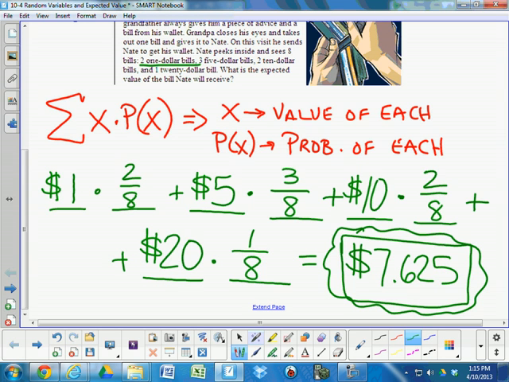Now, where expected value really comes into play, and we'll see that as we do more examples, is when you're going to run a game for, let's say, a fundraiser for the organization you're with. If you figure out the expected value of a prize or the tickets that you're going to sell, then you can calculate how much you want to sell the tickets for to figure out, in turn, how much profit you're going to get.